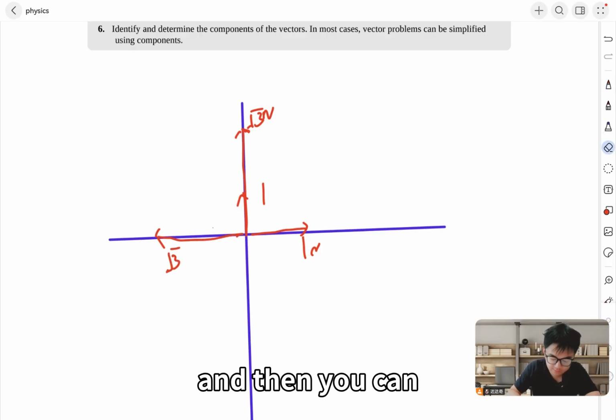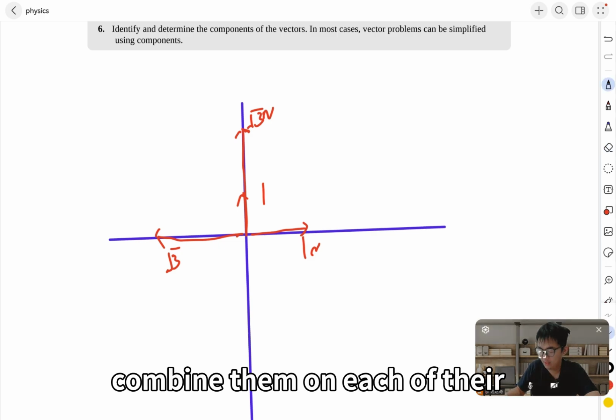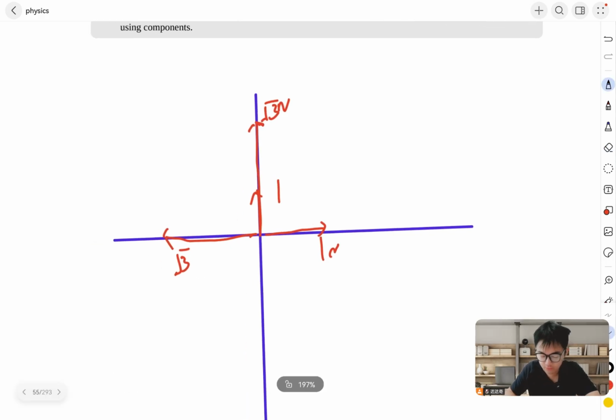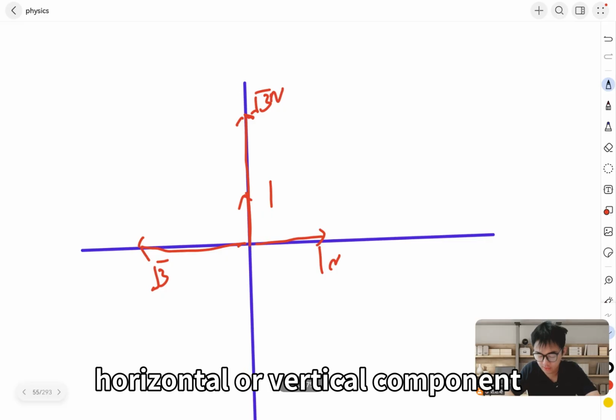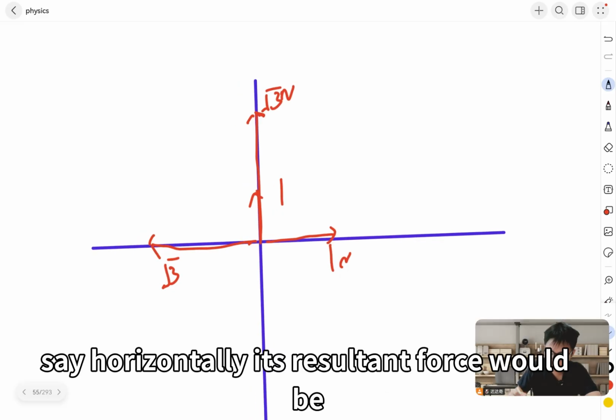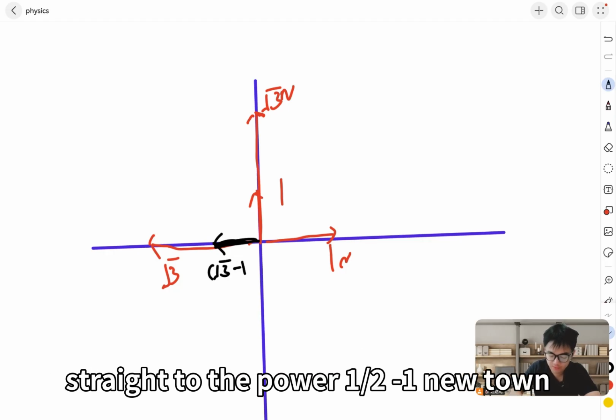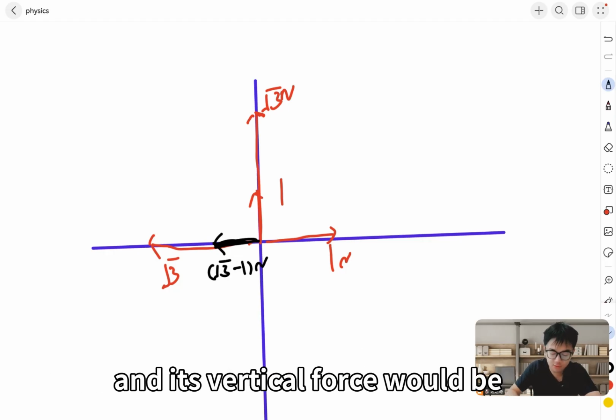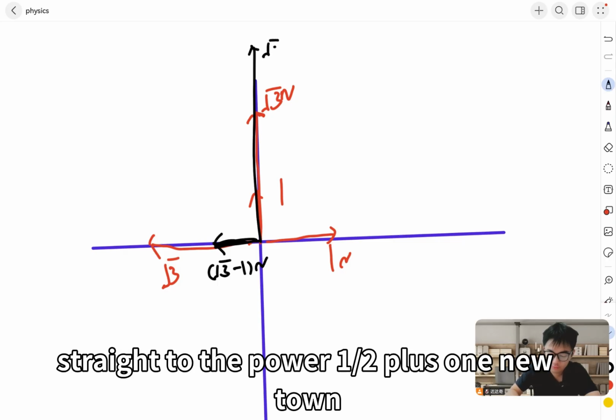And then you can combine them on each of their horizontal or vertical components. Say horizontally, its resultant force would be 3 to the power 1/2 minus 1 newton. And its vertical force would be 3 to the power 1/2 plus 1 newton.